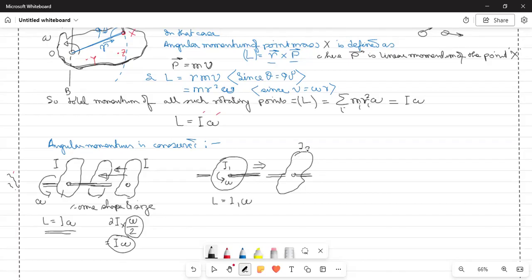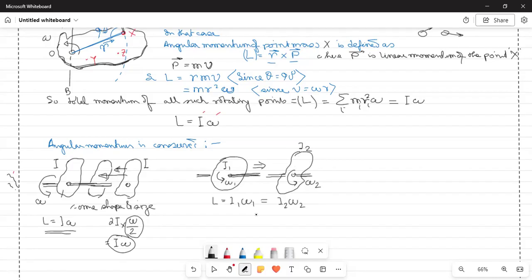It will become, say, I2, and automatically its angular velocity will become omega 2. Let's say this is omega 1, this is omega 2. So its angular momentum will become I2 omega 2. And this I1 omega 1 and I2 omega 2 will remain the same.